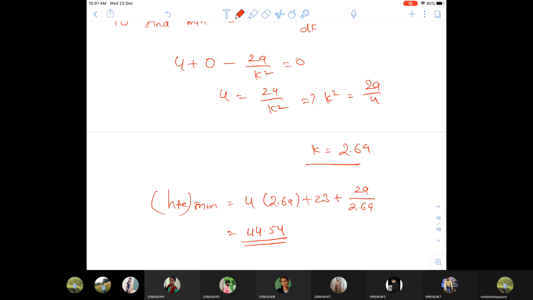How can we justify whether it is generating or not? By calculating the HFE value. If it is greater than 44.54, yes, it will generate. If it is less than 44.54, no, it will not generate. Okay, so like this we can have it.